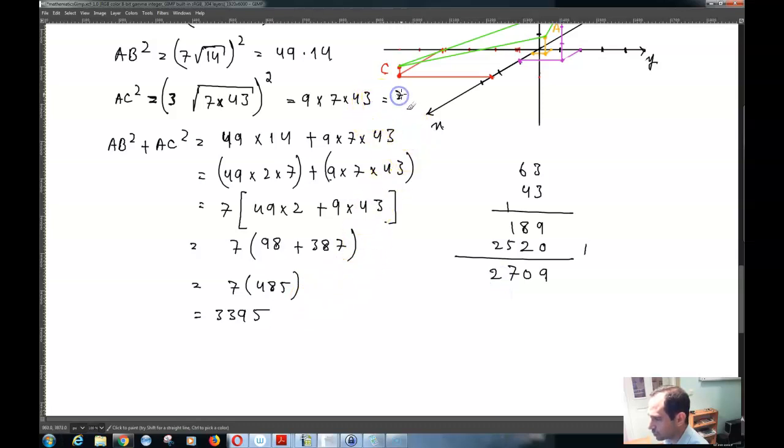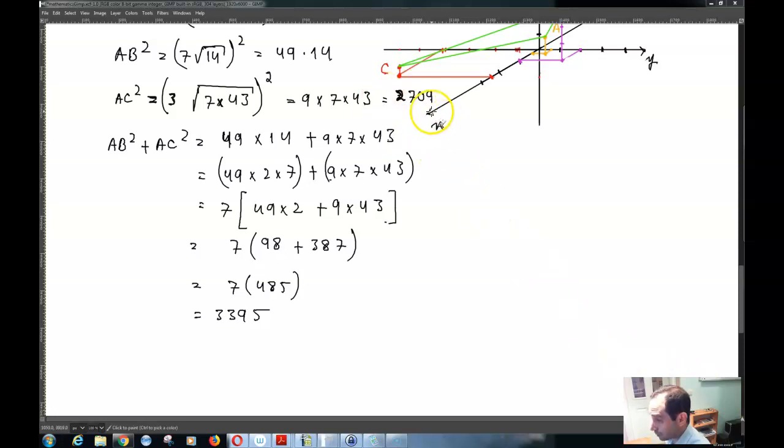This is equal to 2709. So you can see that AC squared is not equal to AB squared plus AC squared.